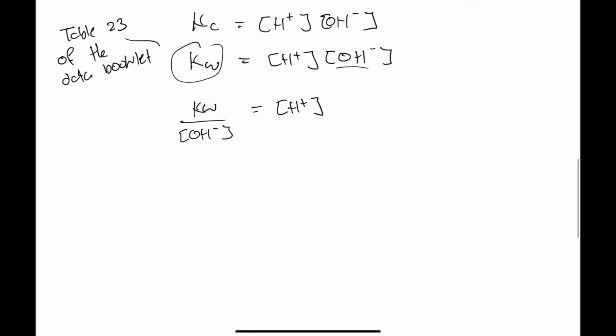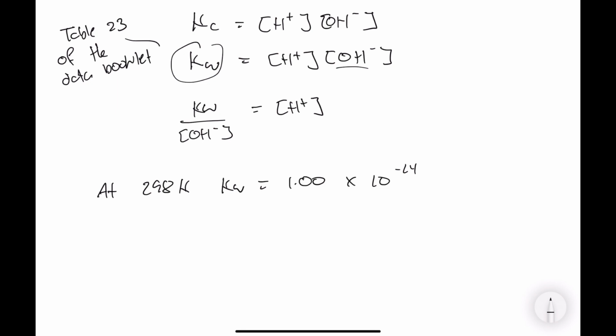At 298 kelvins or 25 Celsius, Kw equals 1 times 10 to the power of negative 14. And because of this, if you put 1 times 10 to the negative 14 into negative log 10, it becomes 14.